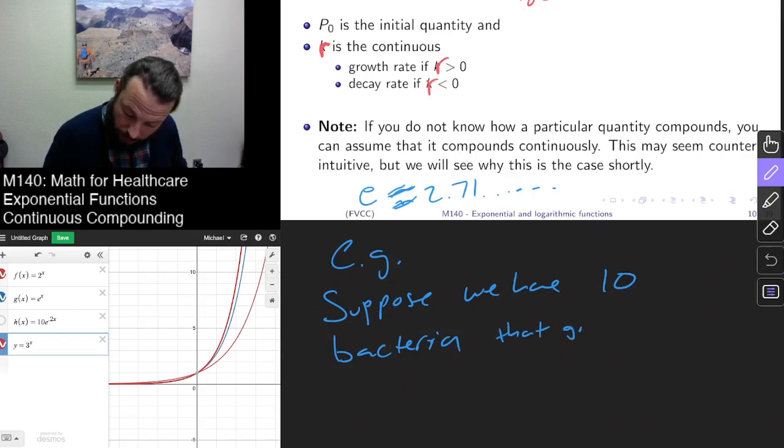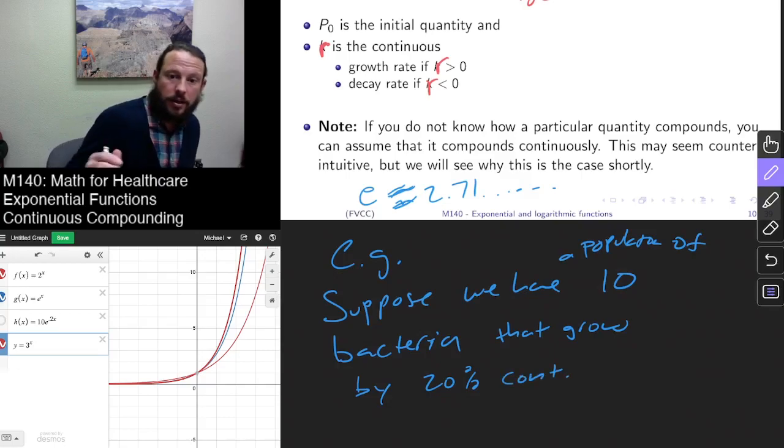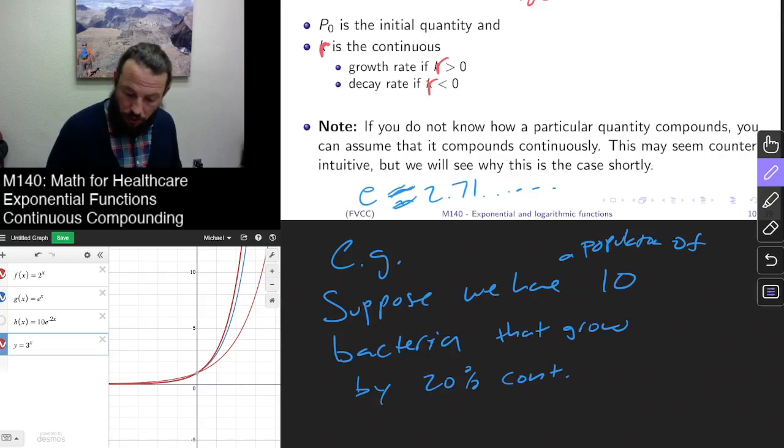We have a population of 10 bacteria that grow by 20% continuously. I think you guys are going to like this one. It's a little bit more canonical.